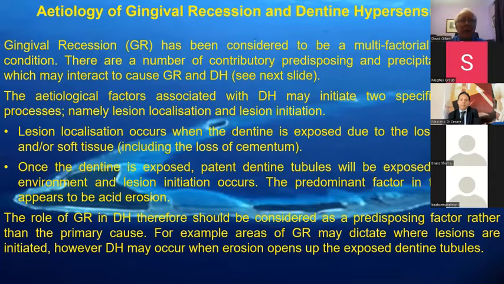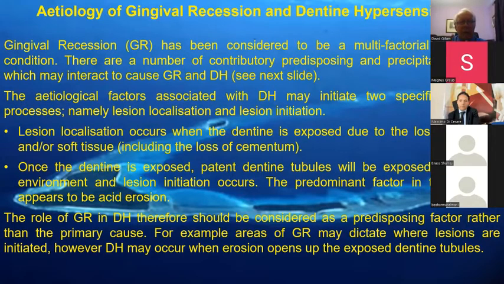Right. So if we go to the etiology, there are multiple factors. The key thing is that, and we'll see this on another slide, but the basic scenario is that you need the gingival tissues to be lost before you get exposure of the dentine surface. Once that occurs, there are two biological processes, what we call lesion localization and lesion initiation.